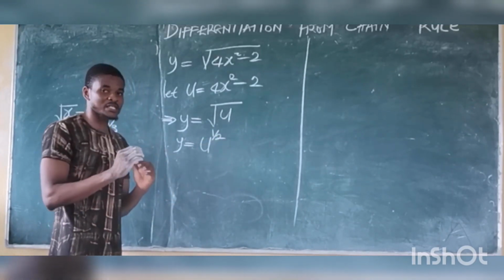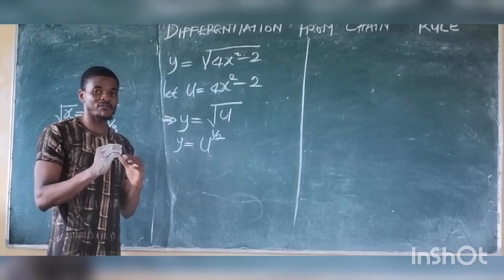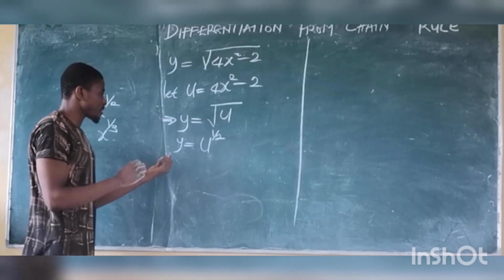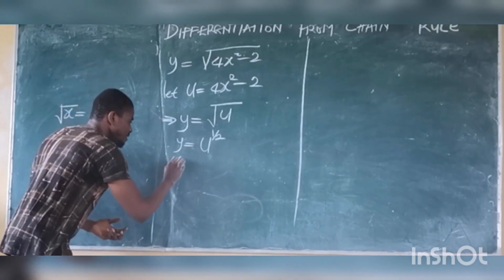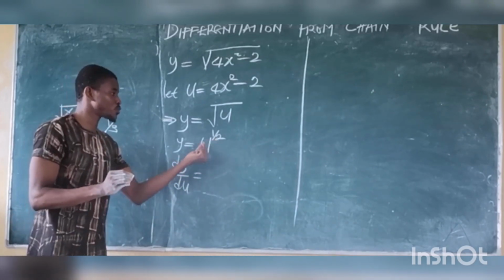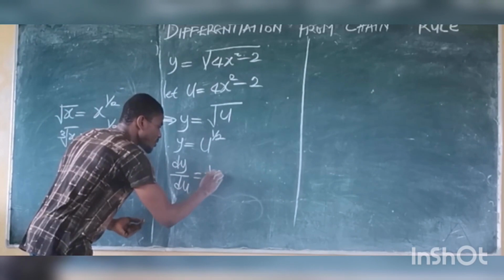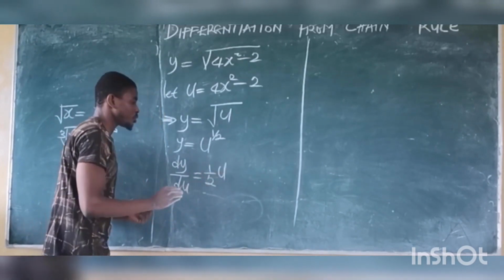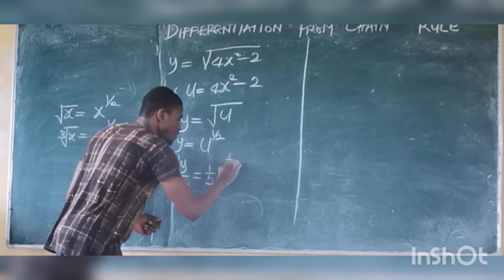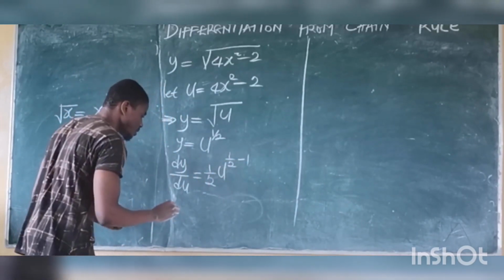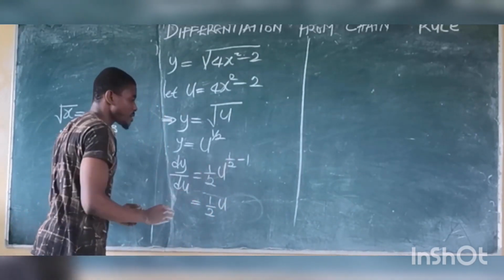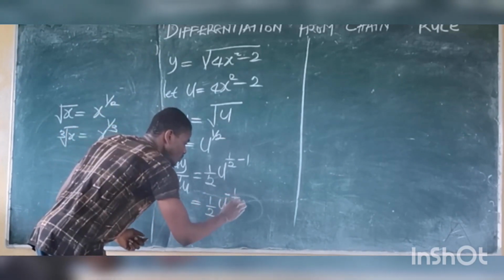I put this in index form first so it becomes easier to differentiate y with respect to u. At this point, y depends on u, so I can find dy/du by using the power to multiply u. So I have 1 over 2 multiplied by u, then subtract 1 from the power: 1 over 2 minus 1, which gives minus 1 over 2.